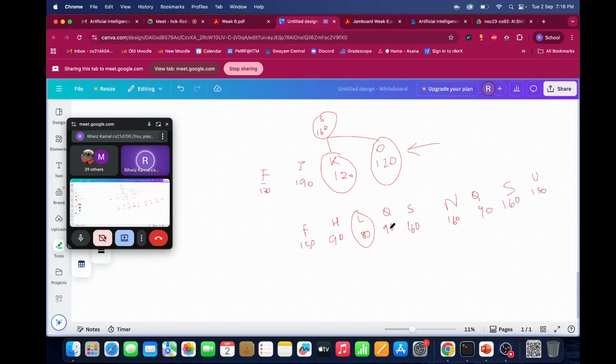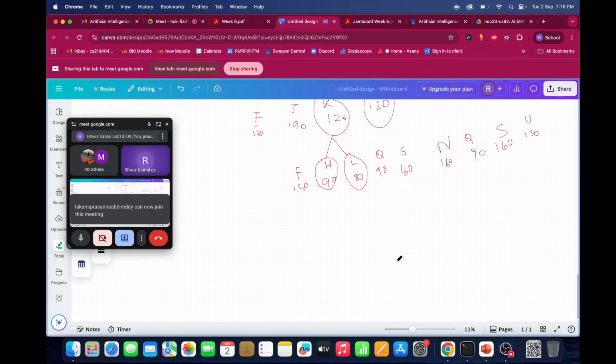Q also has cost 90. Yeah, H also has, and this Q also has. So we have to choose the one that appears alphabetically before, which is H. So both of these are children of K itself, not O. So none of the children of O are actually considered in the next steps. Okay, and then we will expand H and L.